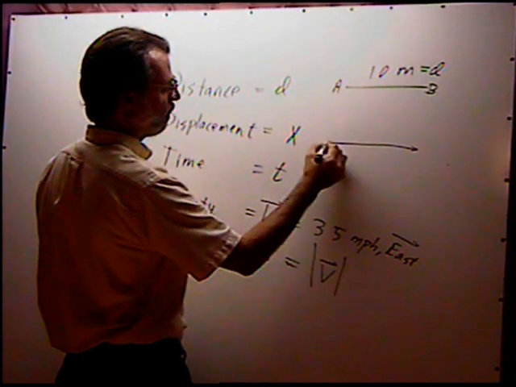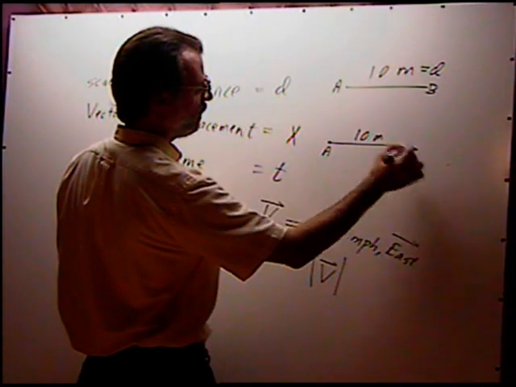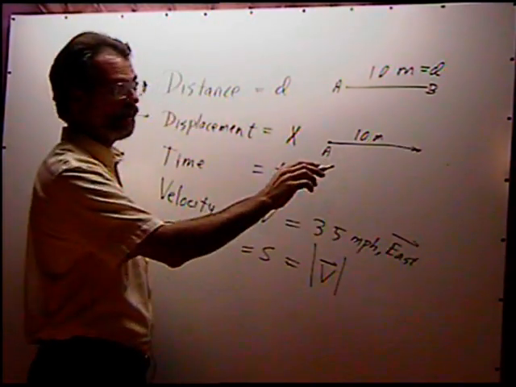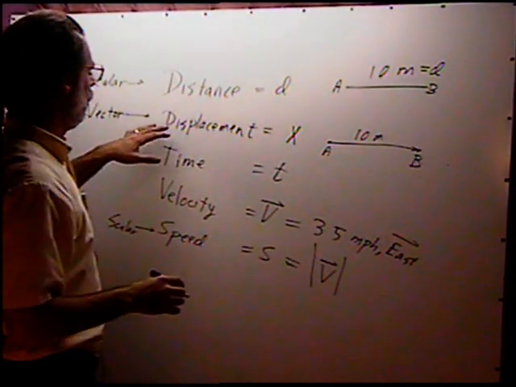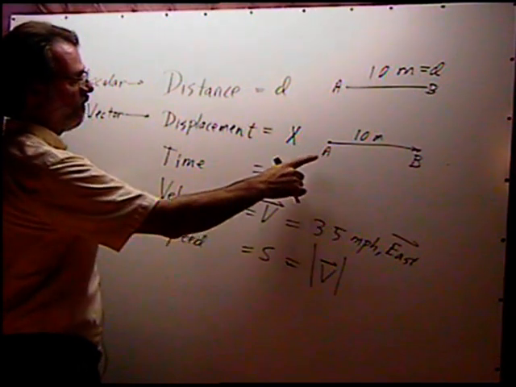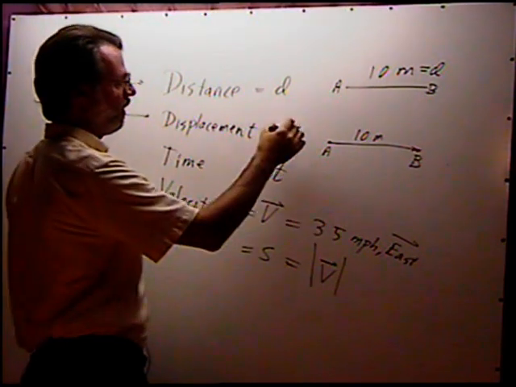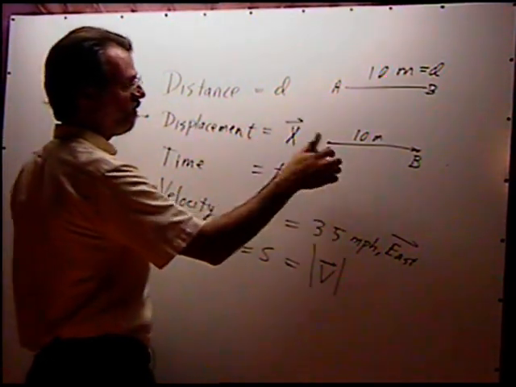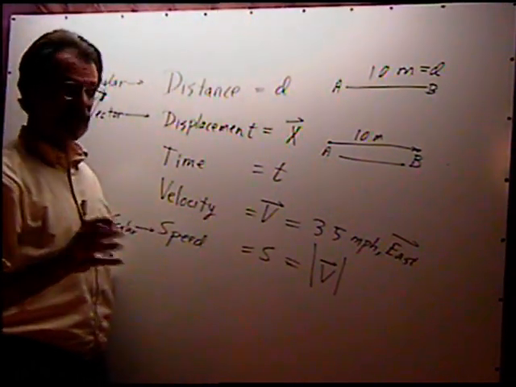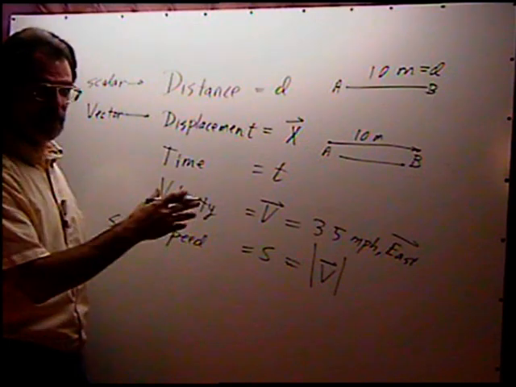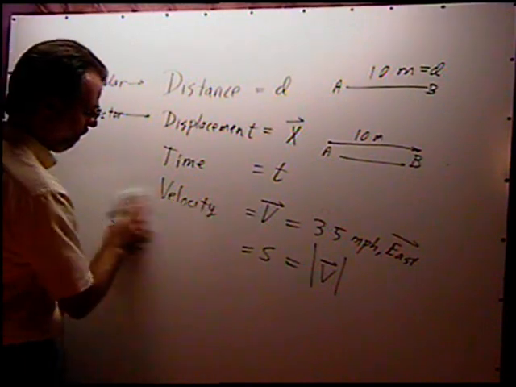If I'm at point A, 10 meters, but I'm looking in the direction of point B, this would be the displacement from A to B in the direction from A to B. I hope that makes sense. We will come back to that and put some numbers to it to allow this to make more sense.